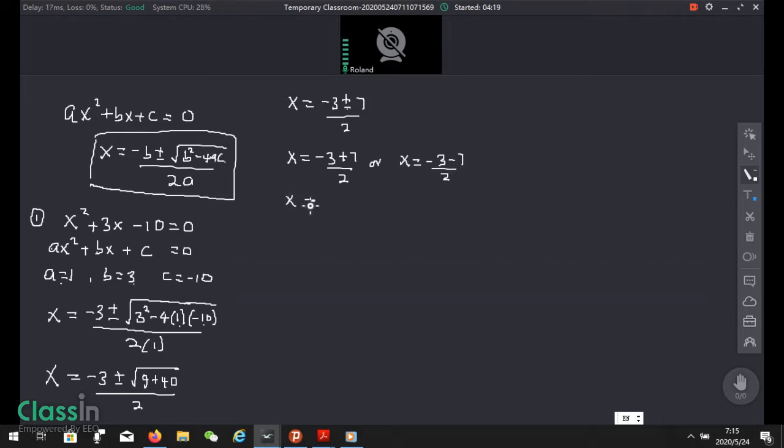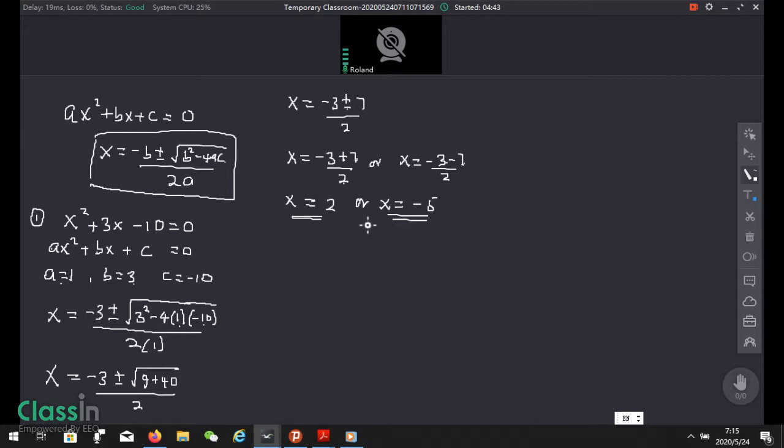That means x will be negative 3 plus 7, which is positive 4. Positive 4 divided by 2 is 2. Or x will be negative 3 minus 7, which is negative 10. Negative 10 divided by 2 is negative 5. So the answer is x is 2 or x is negative 5.